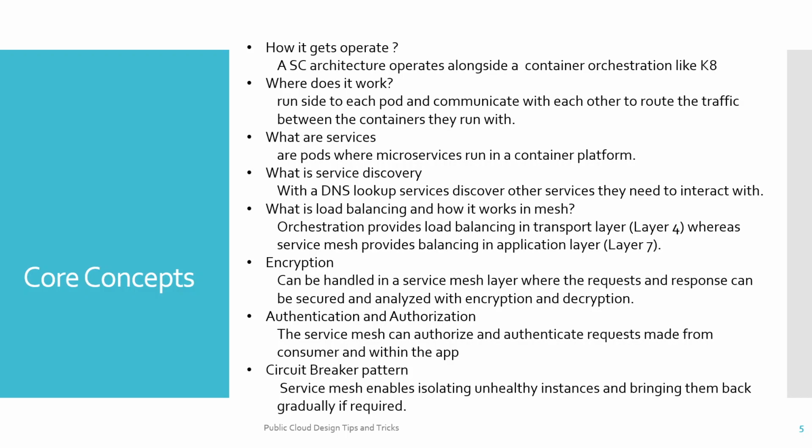The logic to authenticate and authorize can be written in the service mesh to abstract it out from the application layer. It is also based on the circuit breaker pattern. Service mesh enables isolating unhealthy instances and bringing them back gradually if required. That is the fundamental of the circuit breaker pattern, and it is also applied to a service mesh.